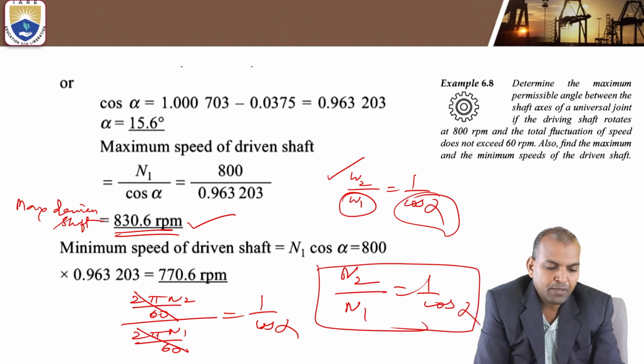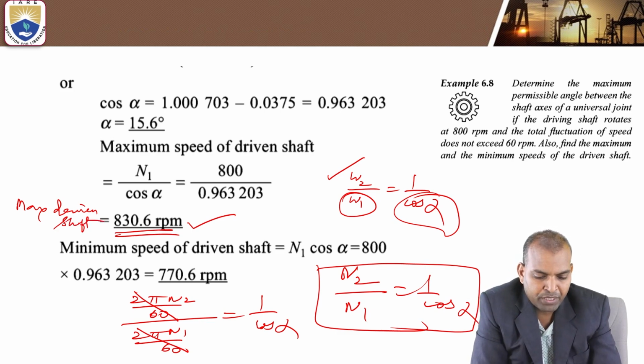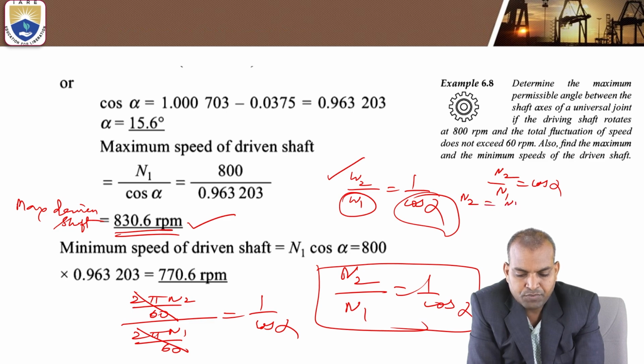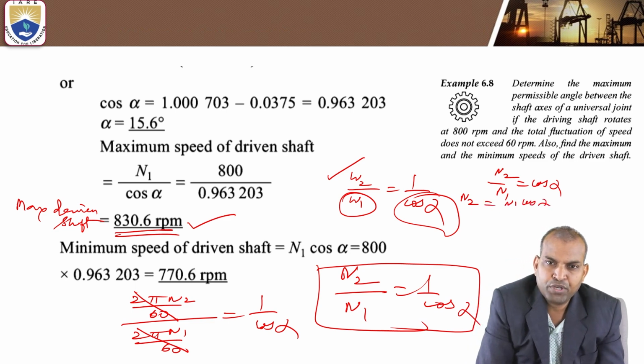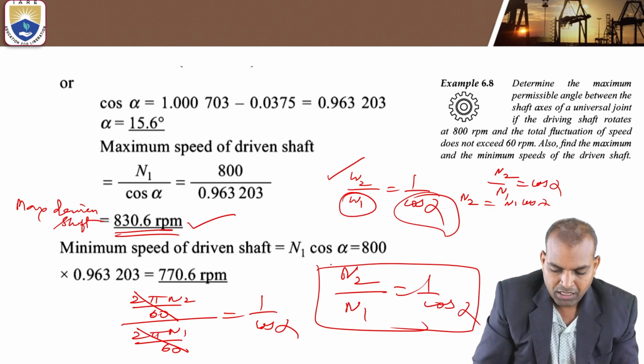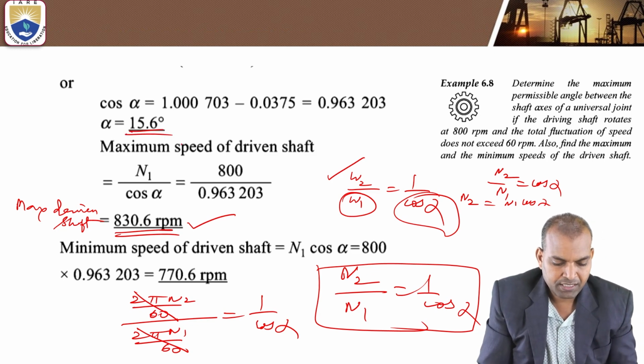Next objective is the minimum speed of the driven shaft. What is the minimum speed of the driven shaft? N2 by N1 equal to cos alpha. Then N2 equal to N1 times cos alpha. N1 we know, that is 800 revolutions per minute, and alpha is 15.6 degrees.